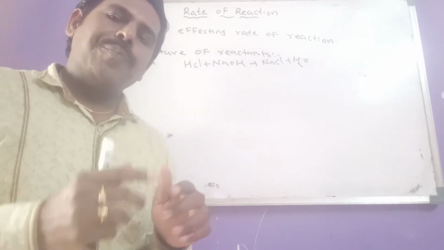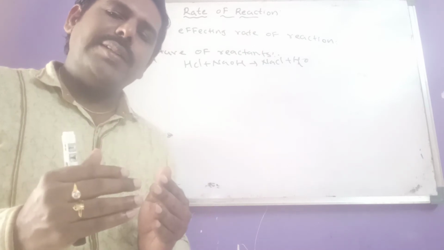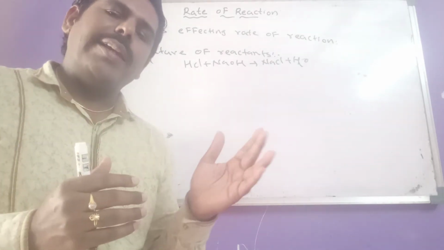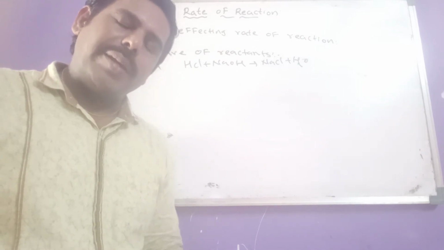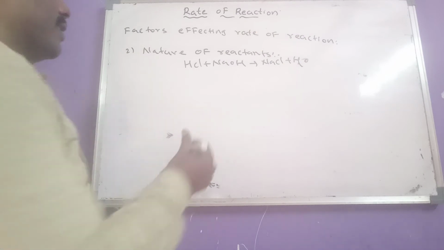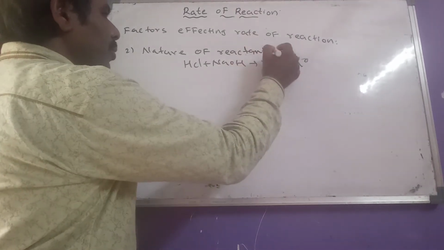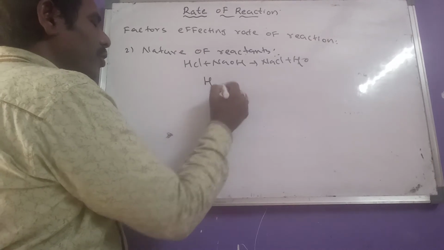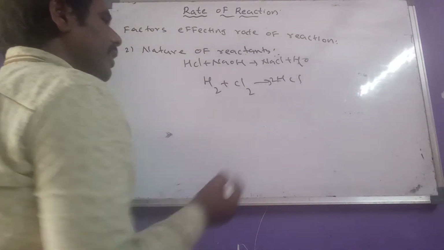And that too, as the number of bonds to be cleaved and formed increases, the rate of reaction decreases. So now I give one example here. For example, H2 plus Cl2 gives 2HCl.